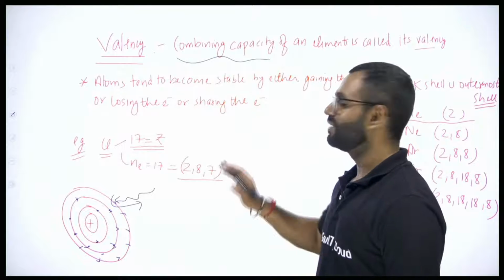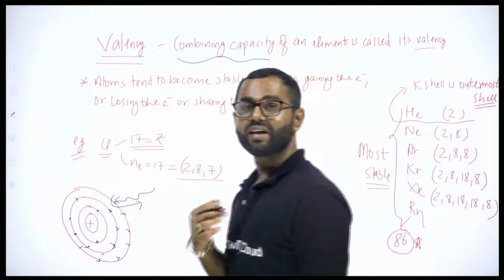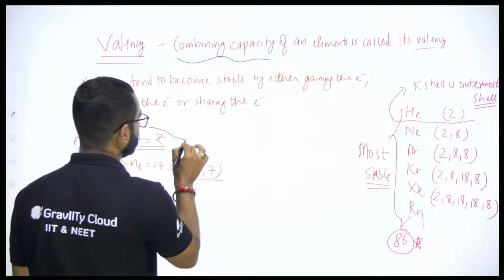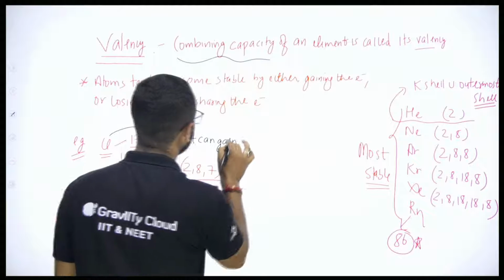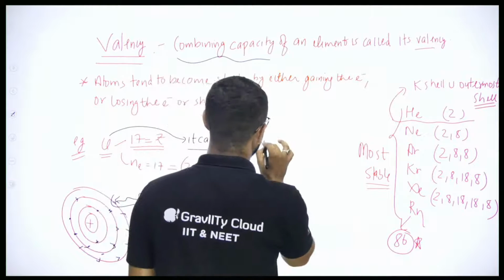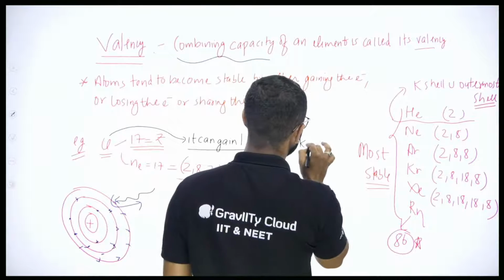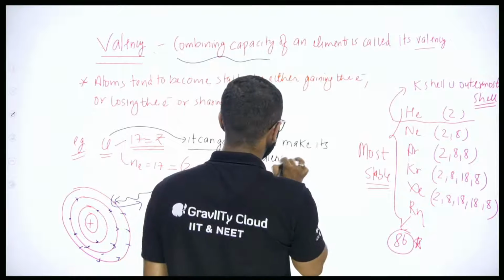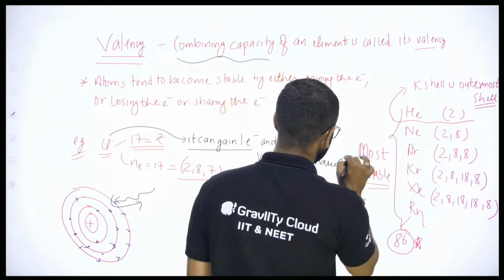So instead of removing the 7 electrons, chlorine can do an alternative thing: it can gain 1 electron and make its valence shell have 8 electrons.